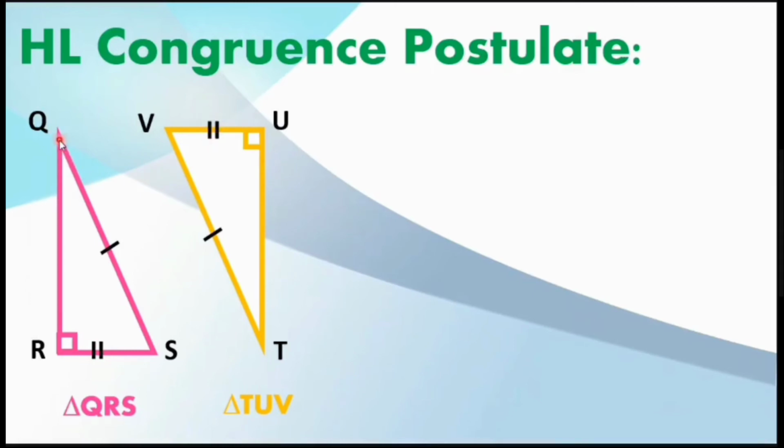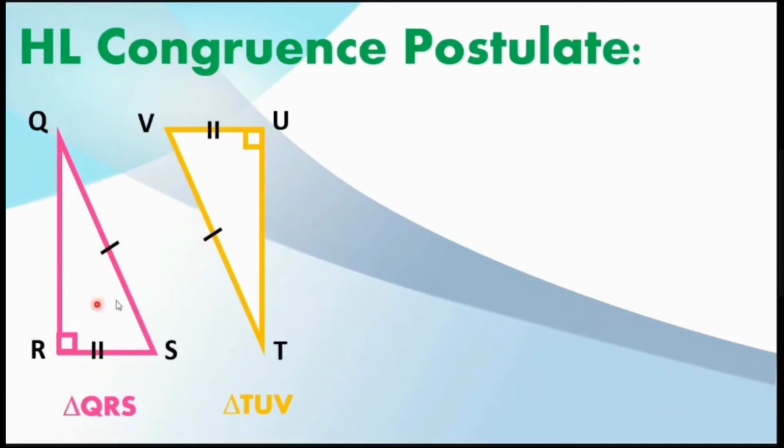Okay, so therefore we have hypotenuse and one leg, HL. In the same manner, hypotenuse and one leg, HL. So therefore, we can say that these two triangles here are congruent based on the HL congruence postulate.